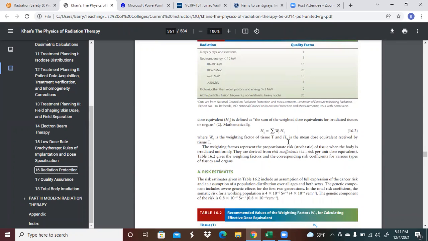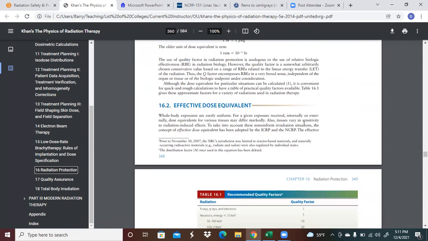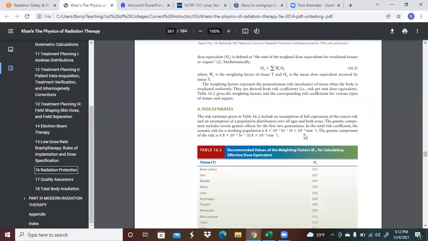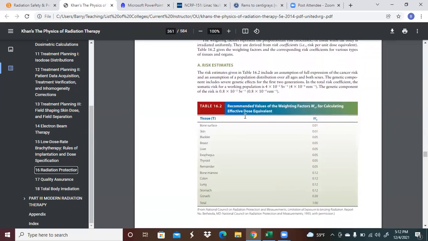this particular equation here. The effective dose equivalent is going to be the sum of the weighted dose equivalents for irradiated tissues or organs, where the total dose equivalent is equal to the weighting factor for the tissue that it's in, times H sub T, the mean dose equivalent received by that tissue. And it's going to be the proportionate risk of tissue when the body is irradiated uniformly.